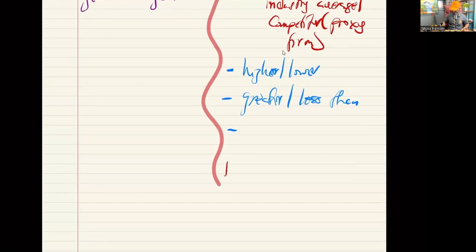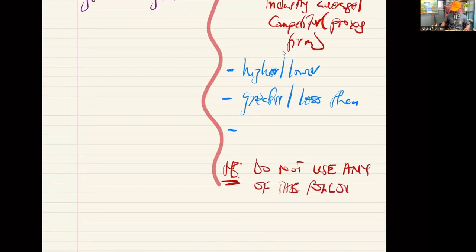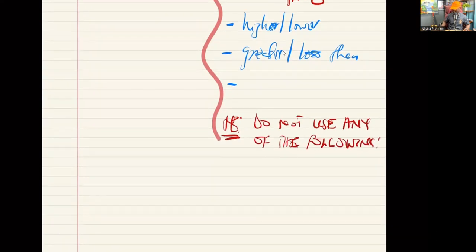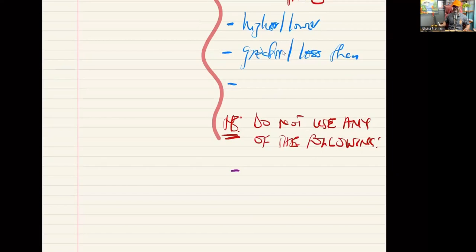Note, when you are comparing two companies, you cannot use the following. Do not use any of the following. Number one, it is rising or falling. What is rising?